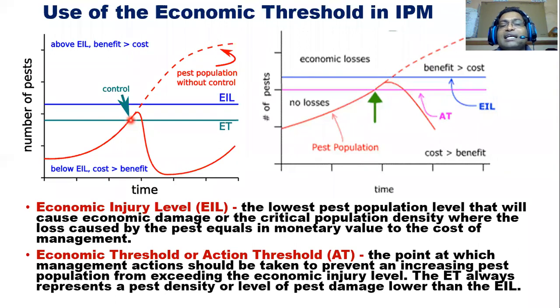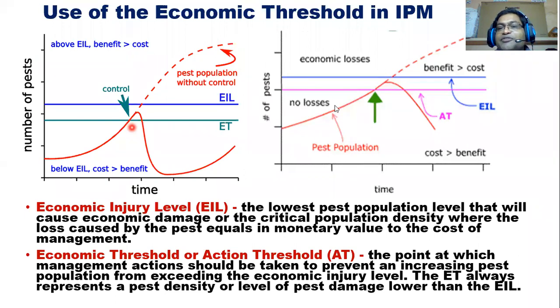If you allow the pest population to increase further, it can cause economic damage. That point we call the economic injury level. Economic threshold level means the lowest population that can cause economic damage. Up to that level, our target is to minimize the pest population to the economic threshold level. Then there will be no economic damage.